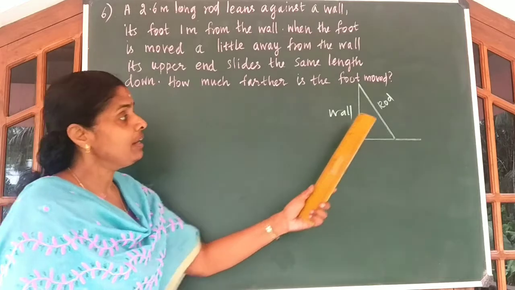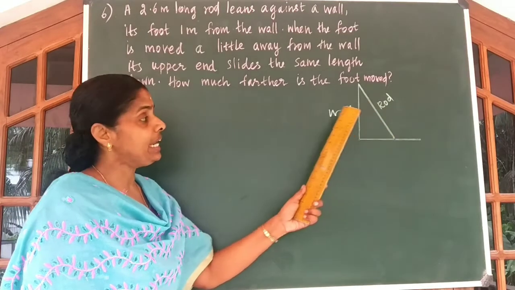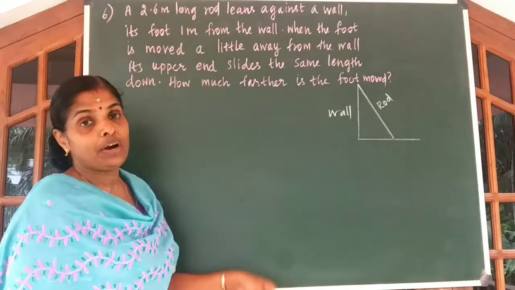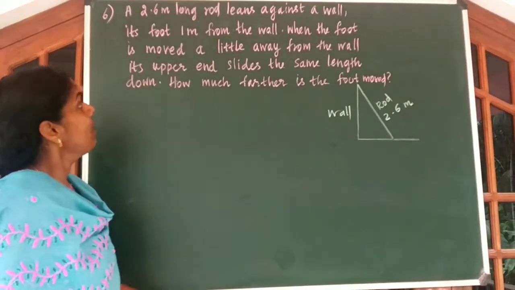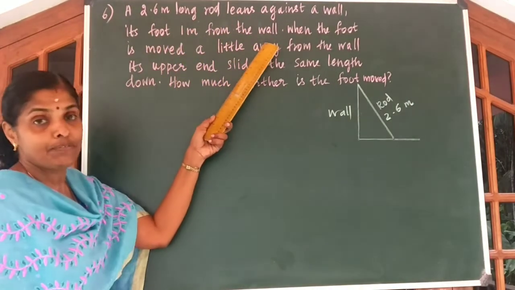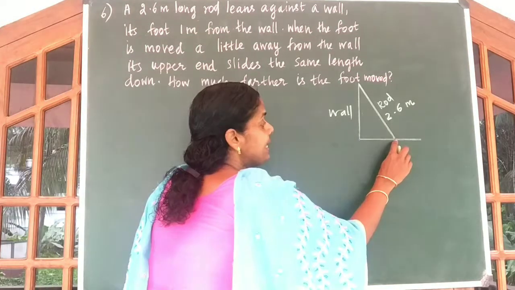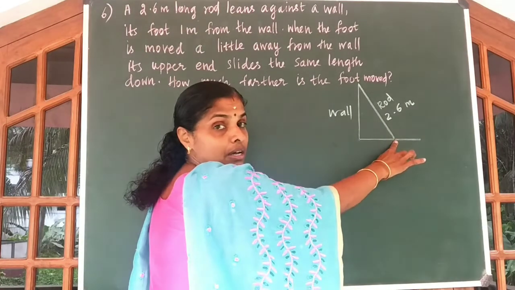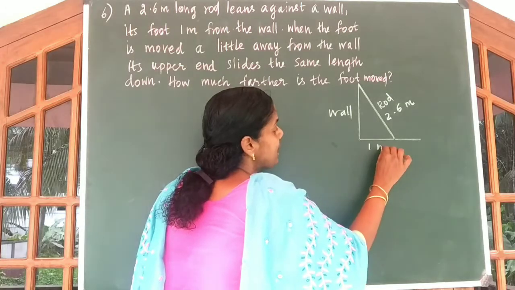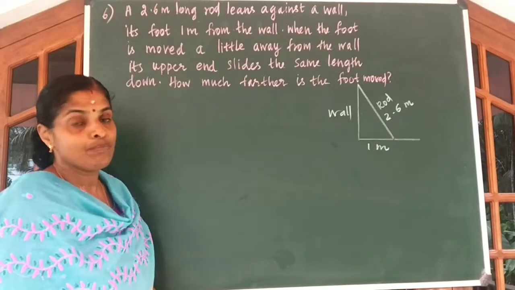You are given a rod which leans against a wall and the length of the rod is 2.6 meter. Also you are given its foot 1 meter from the wall. So the distance of this rod from the wall is given to be equal to 1 meter.